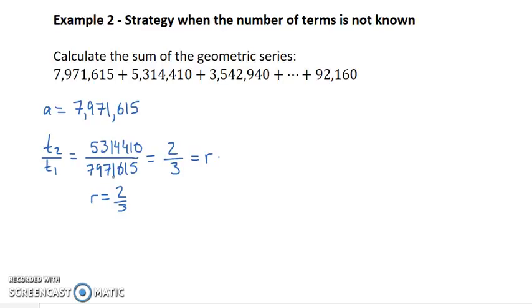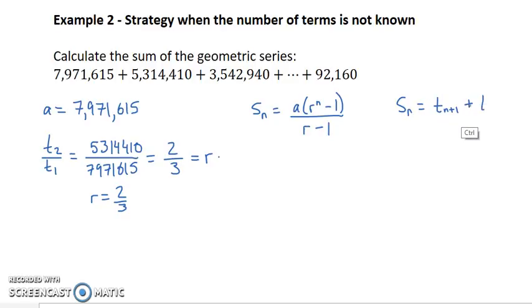So we know what R is, we know what A is. And so I can pull out those two equations that I know. One of those equations is A times R to the n all minus 1 divided by R minus 1. And the other one is this. Sorry, that's a minus.